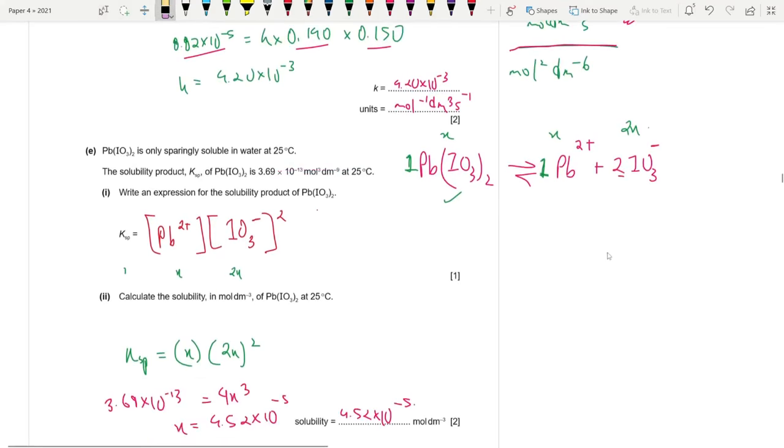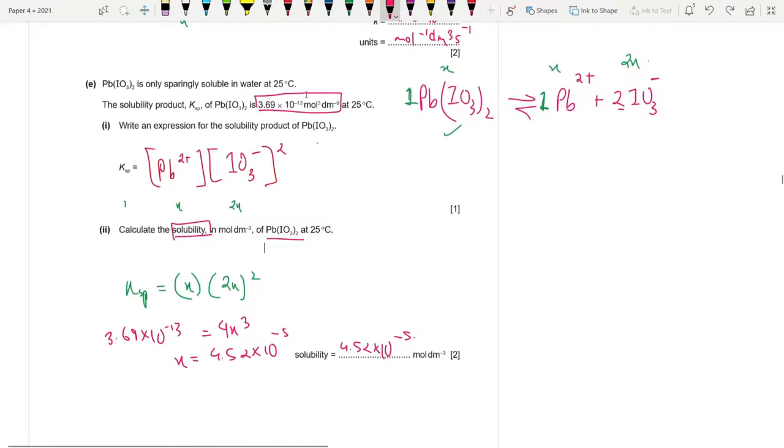Now another thing I want to teach you is, this is the solubility product, okay? Now they want the solubility. Solubility essentially means the concentration of lead iodate. Solubility means concentration. That means they want the value of x essentially. So 3.69 × 10^-13 is equal to, if you break the brackets, x into 4x², which is 4x³, right?